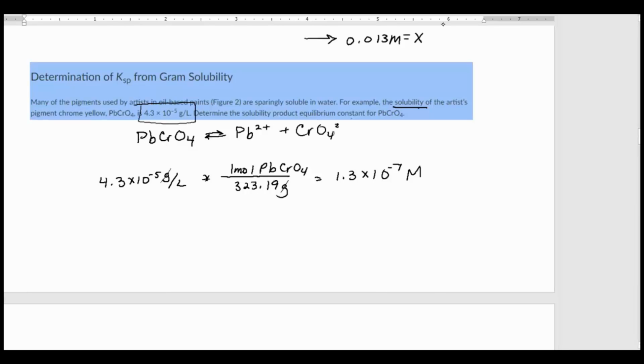And I don't have any additional stoichiometry that I need to worry about. So if KSP is equal to the equilibrium concentration of lead times the equilibrium concentration of chromate, and this is all a 1-to-1-to-1, I put this solubility value in for each of these because they would each be this x, and I find that the KSP is equal to 1.7 times 10 to the negative 14.